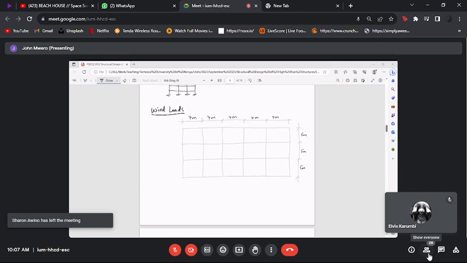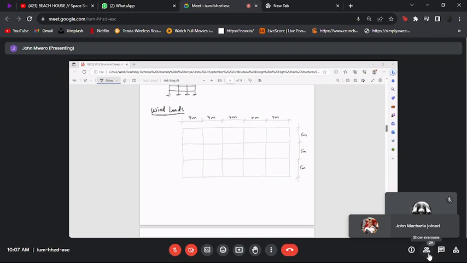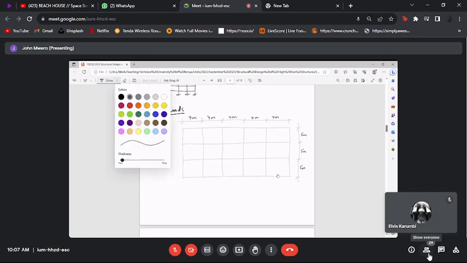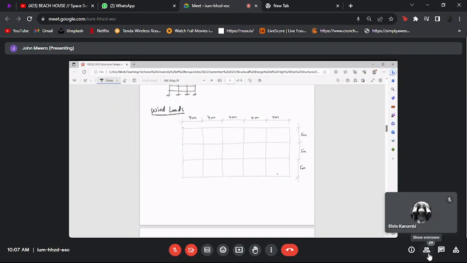Okay. Let's assume that this building has columns at each of the points where the grid lines are meeting. It's a very regular building, very straightforward. Let's assume it's looking like that.